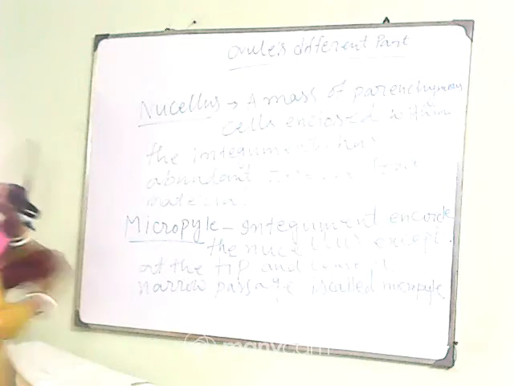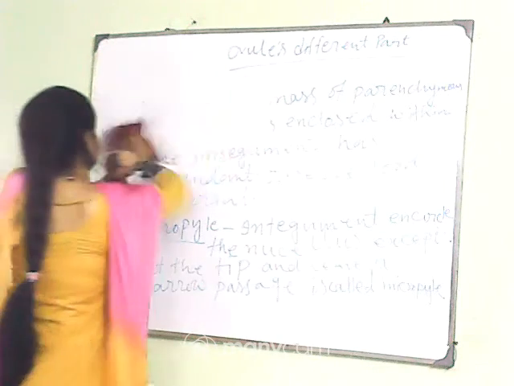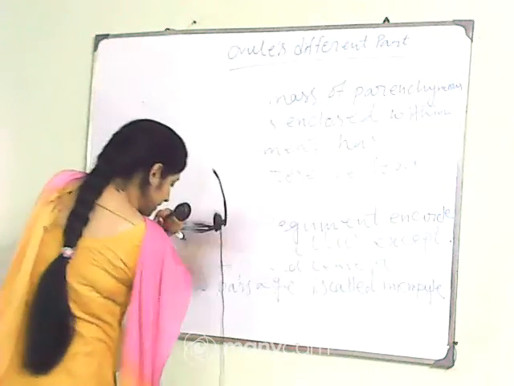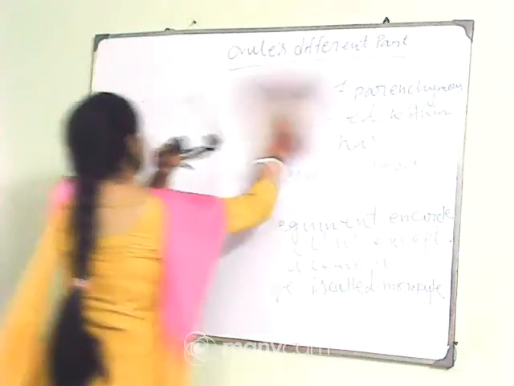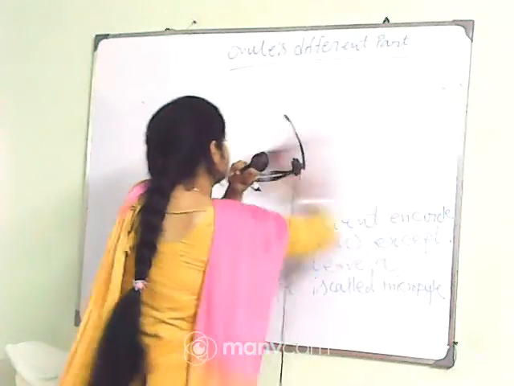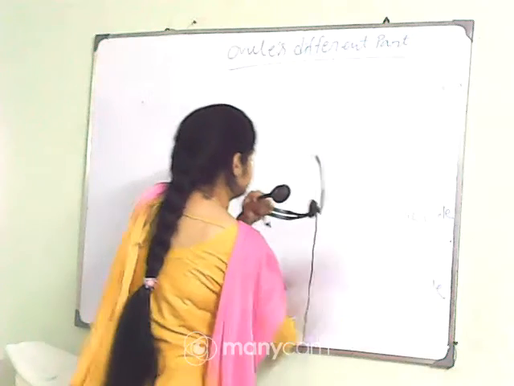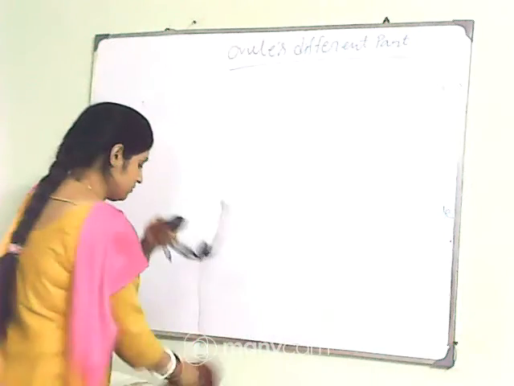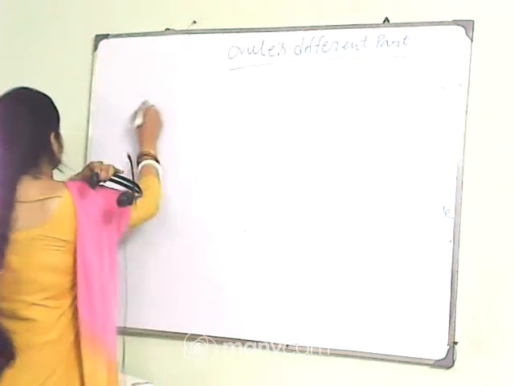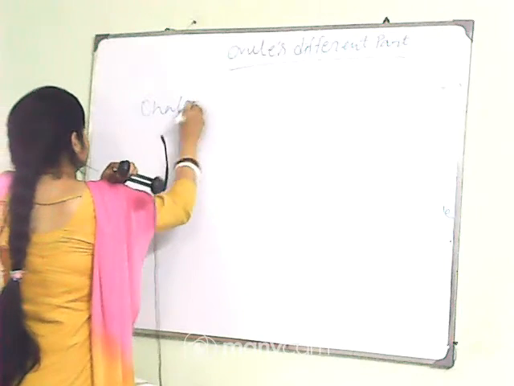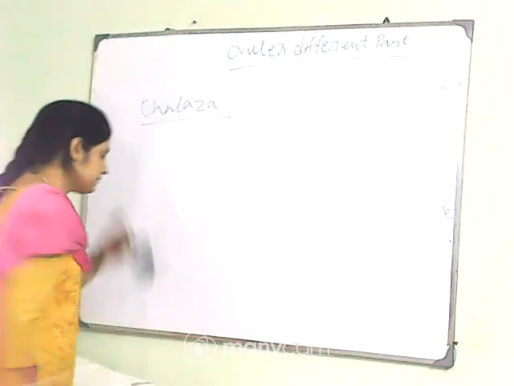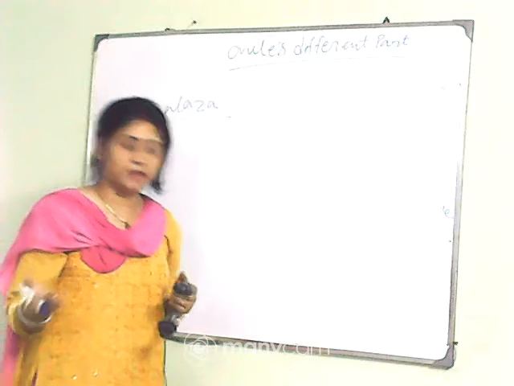Next, the chalaza, and the last one, the embryo sac. What is the chalaza? The chalaza is on the side opposite the micropyle.